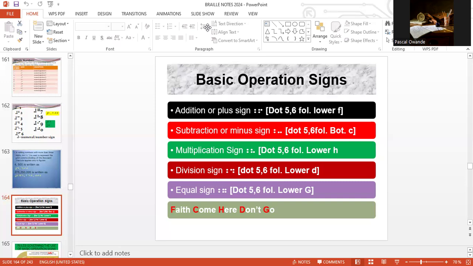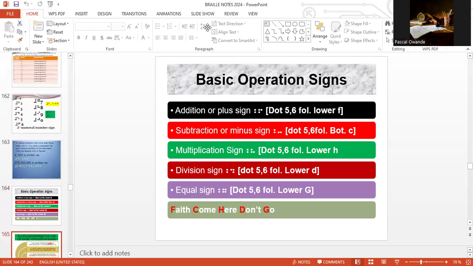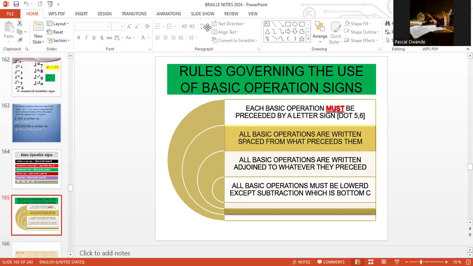What are the rules? Braille is a home of rules, very simple rules that help us to remain within the parameters and within what is required. The first basic rule governing the use of these basic operation signs is that each basic operation sign must be preceded by a letter sign, dots 56.